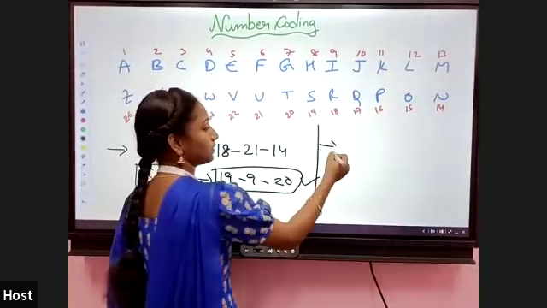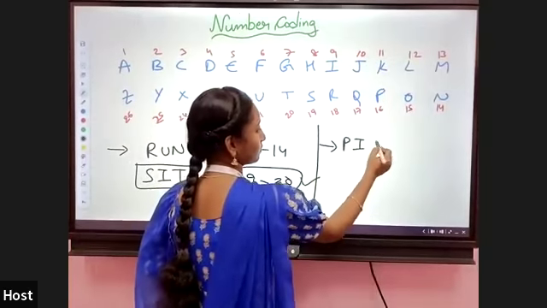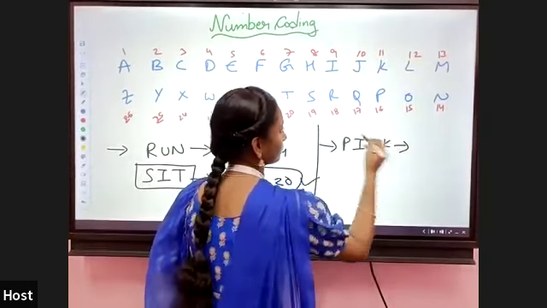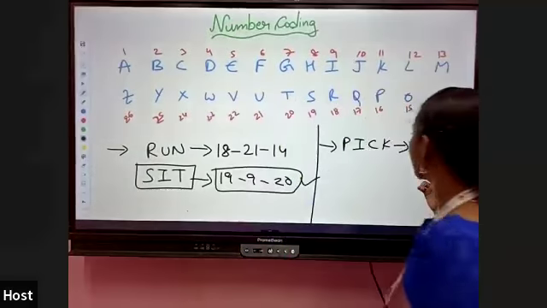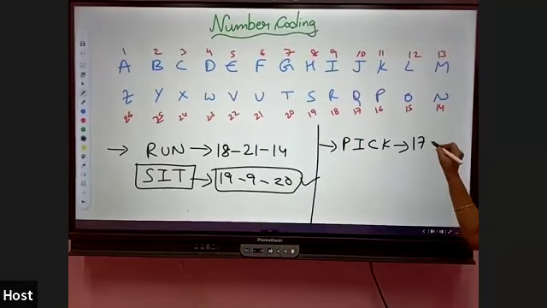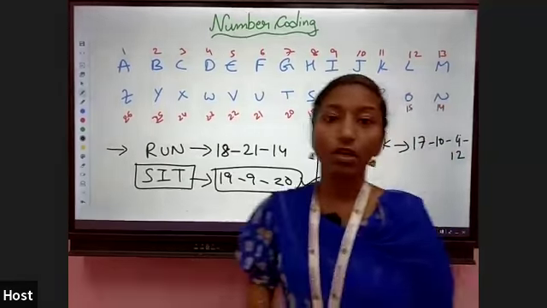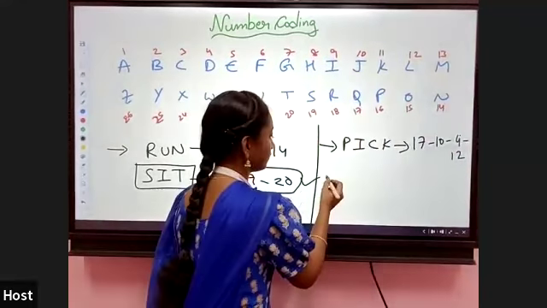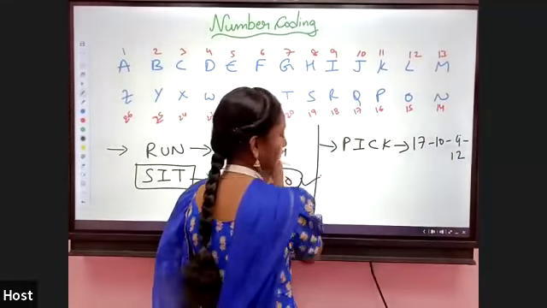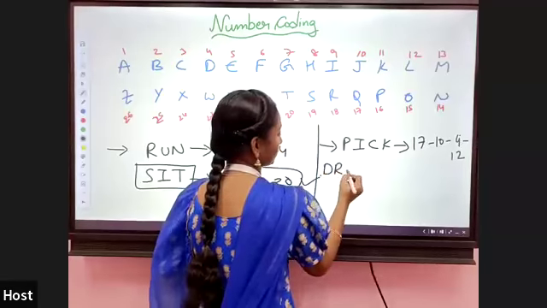Next, another example. PICK. For PICK, they gave 17, 10, 4 and 12. We should find the code for DROP.